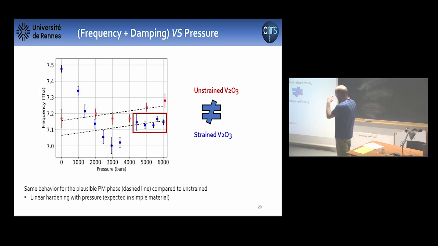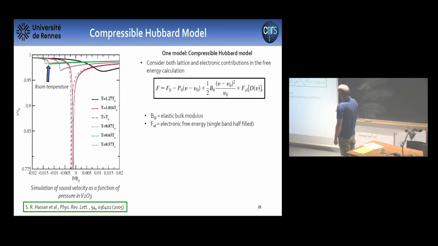So it means that a simple model considering only a two-phase system, with two values of phonon frequency, is not enough to explain our observation. So yeah, we're struggling a tiny bit to get a model, and then we came across, or basically Etienne remembered, this model developed by Antoine Georges back in the days, which is the compressible Hubbard model.